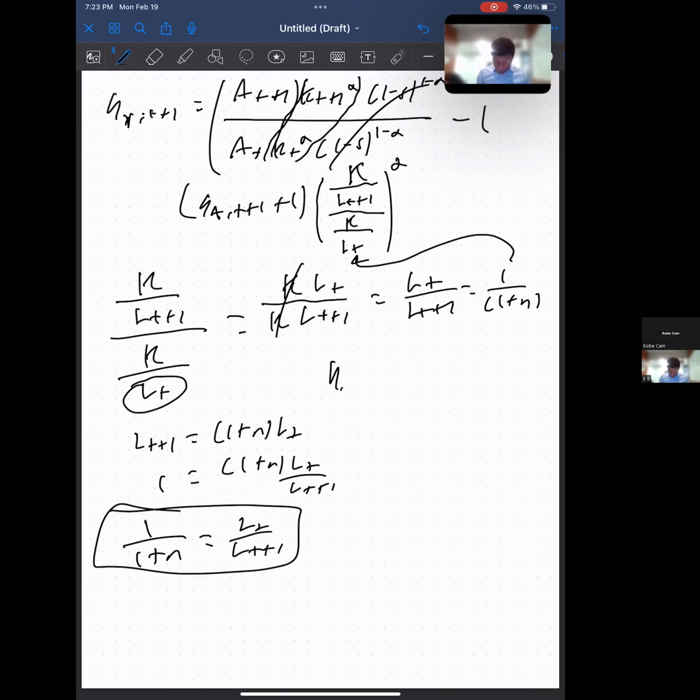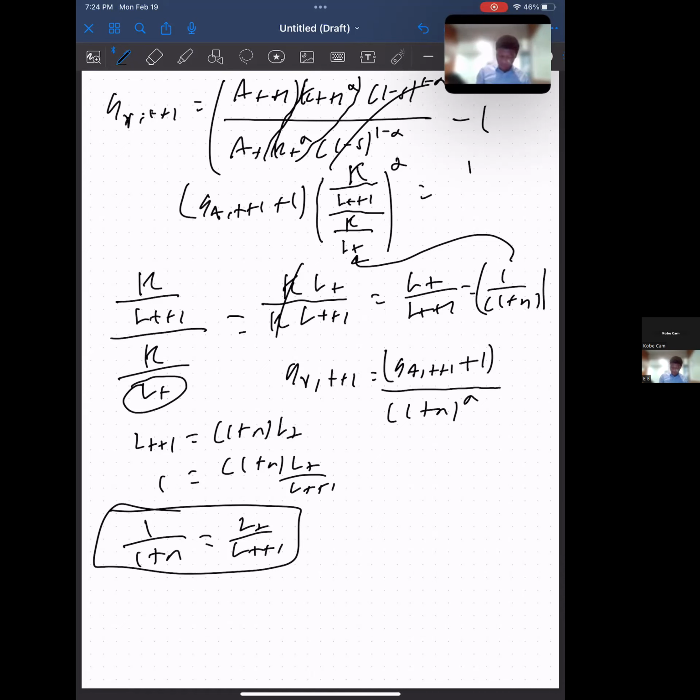We have the growth rate of A_{T+1} is equal to, I'm sorry, let me make this a little cleaner. Okay, the growth rate of Y_{T+1} is equal to the growth rate of A_{T+1} all over this 1 plus n raised to the A. And this is because this is technically the same thing.